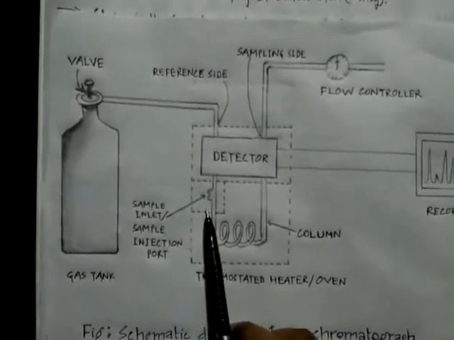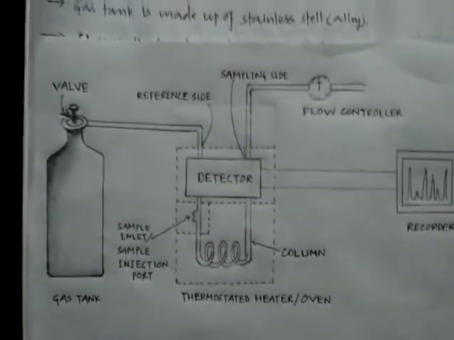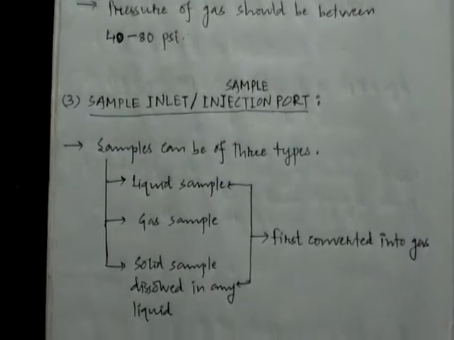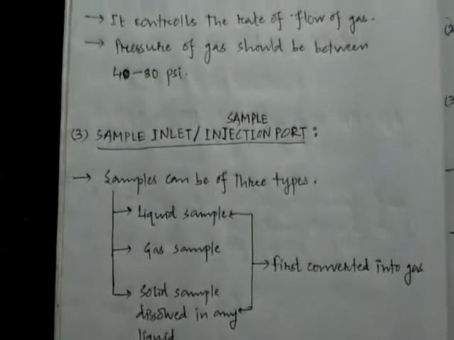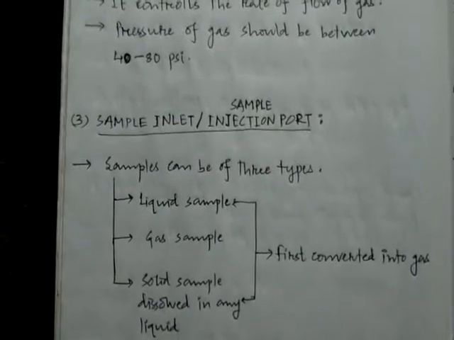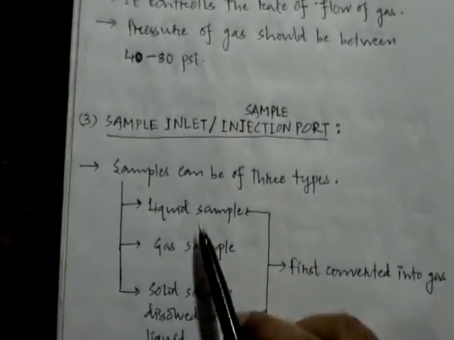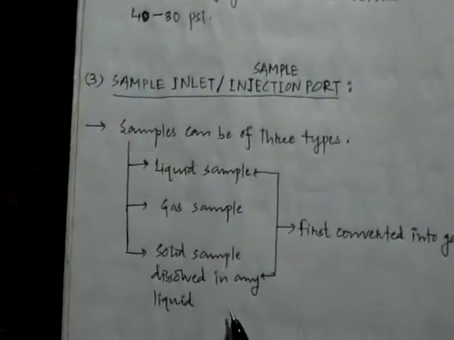The next component is the sample inlet or sample injection port. After the flow of gas from the tank, the sample is rapidly injected by means of a hypodermic microsyringe through a silicone rubber septum into the column. The samples can be of three types: liquid sample, gas sample, and solid sample dissolved in any liquid.